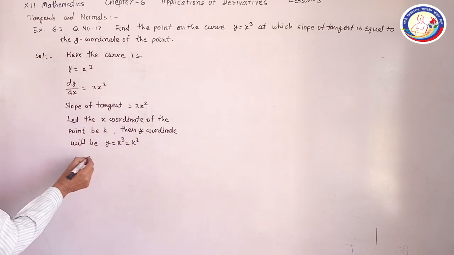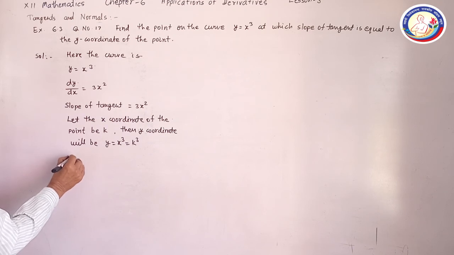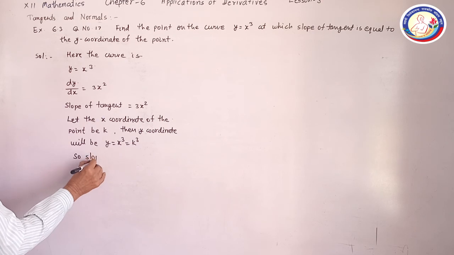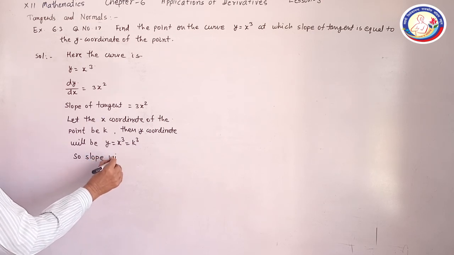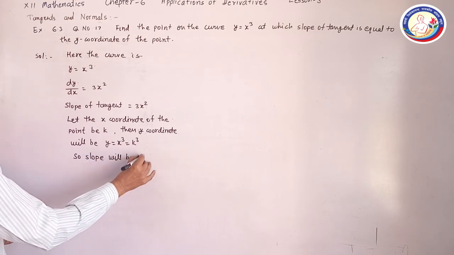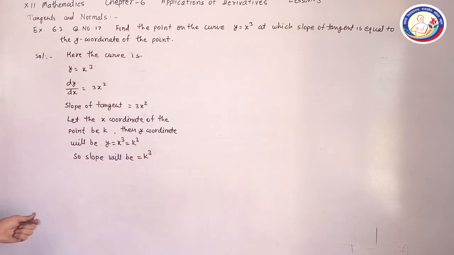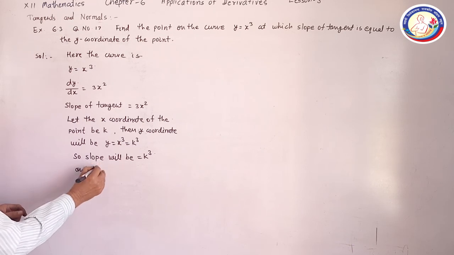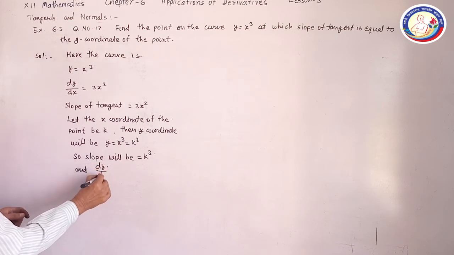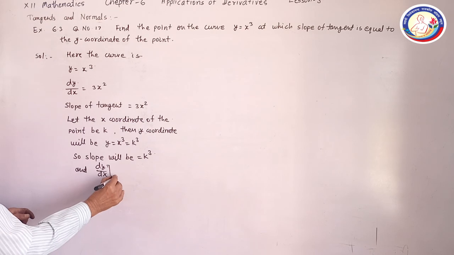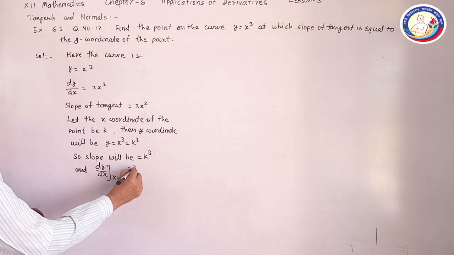So y coordinate will be k cube, and dy by dx at x equal to k will be 3k square.